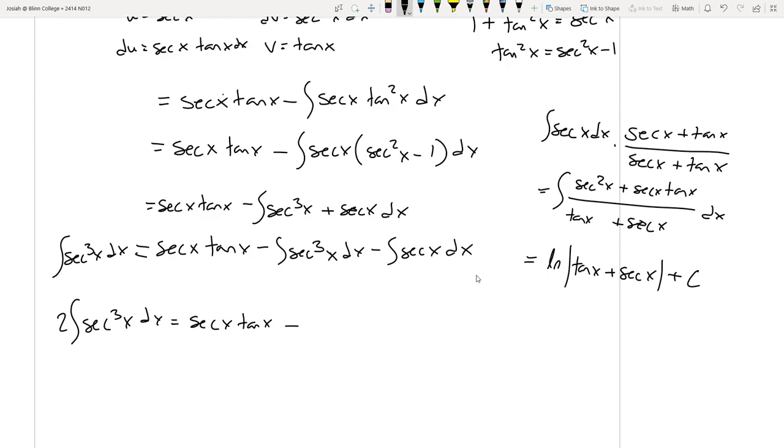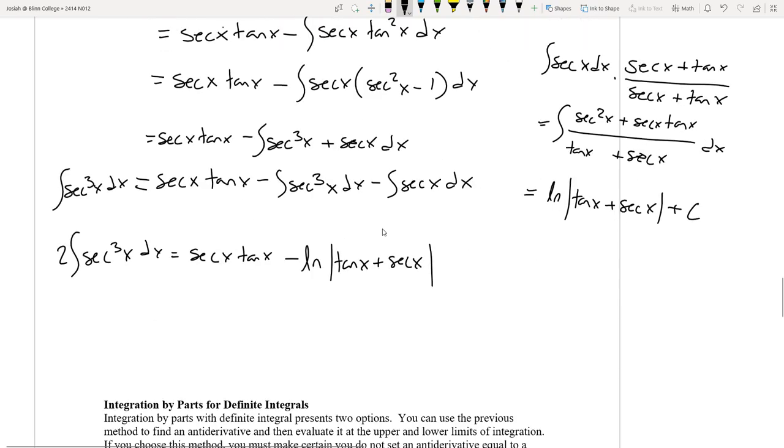And so we'll go ahead and make that swap here. Tangent of x plus secant of x. And then we will divide by 2. Sorry, I think that actually should still be negative, shouldn't it? So yeah, that should have been negative there.